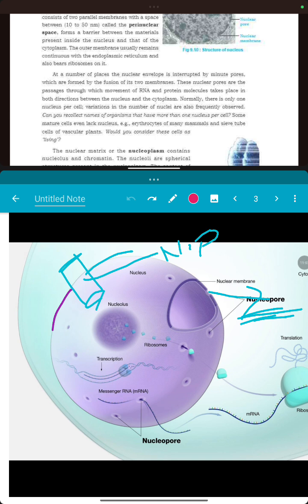Example: erythrocytes of many mammals and sieve tubes of vascular plants.